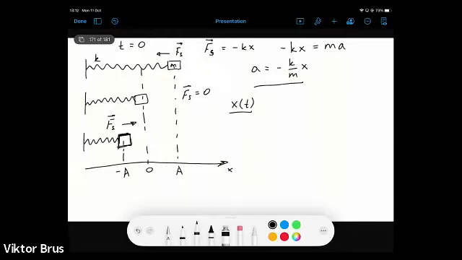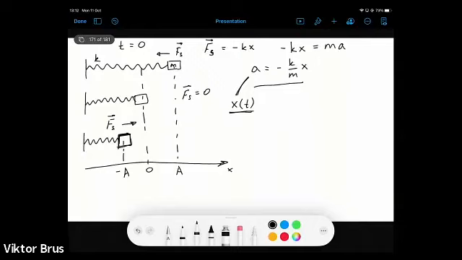How can we get x as a function of time? How can we relate acceleration and this function, x as a function of time? To find the integral, or?